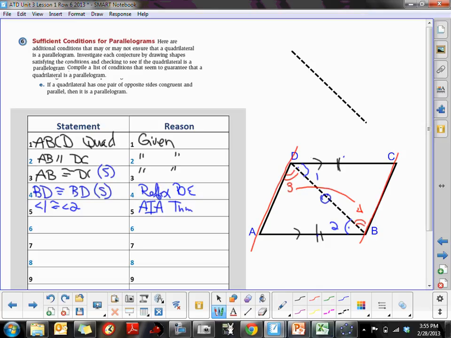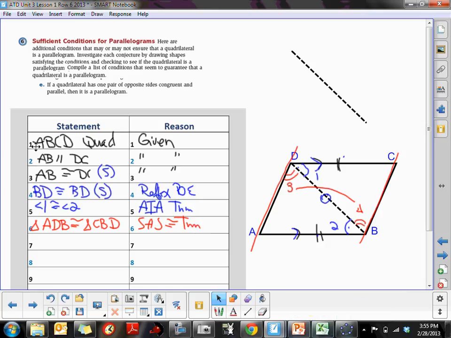Because we knew that these lines are parallel, it forced those two angles to be congruent. And that was enough for us to prove that triangle ADB is congruent to triangle CBD, and that is by our side angle side congruency theorem.